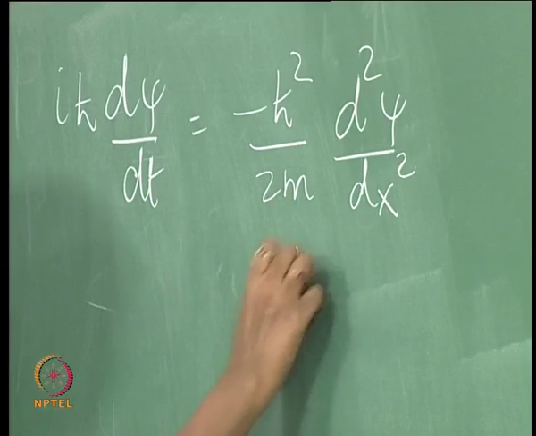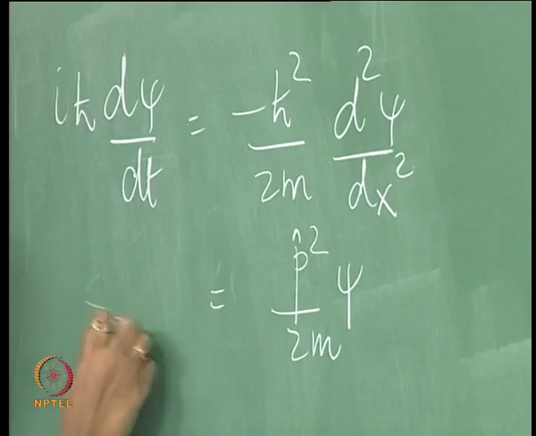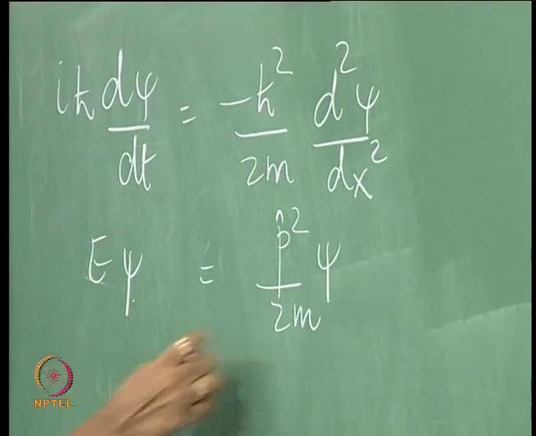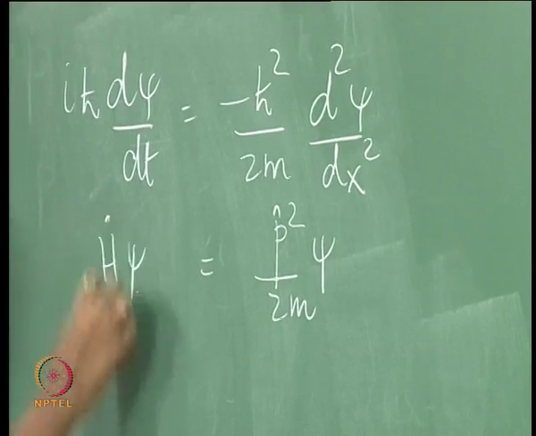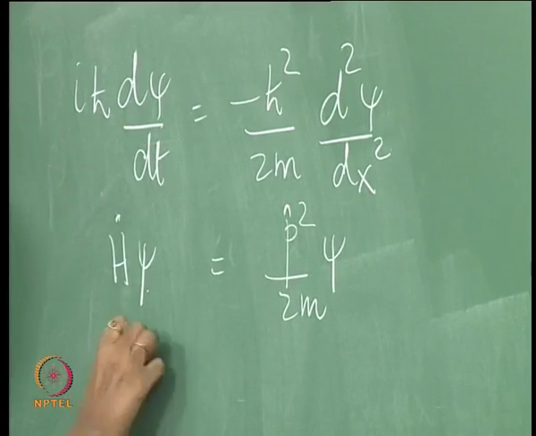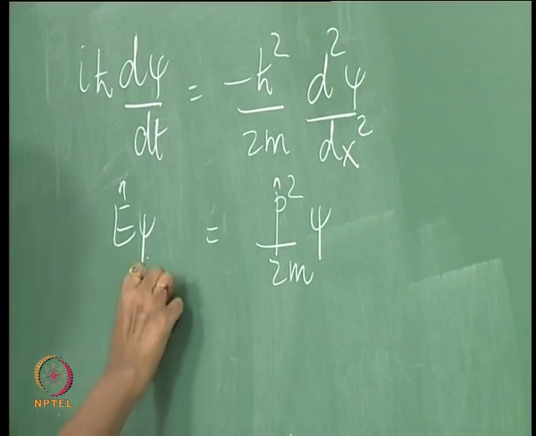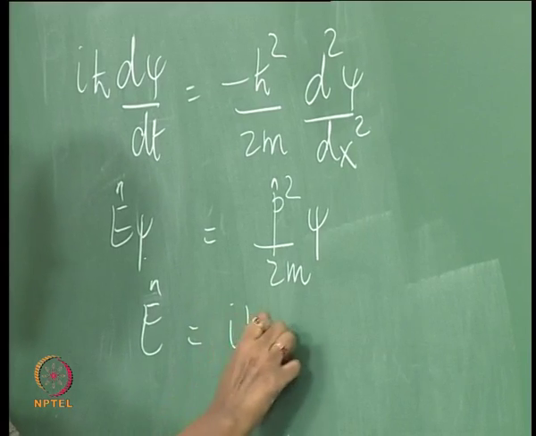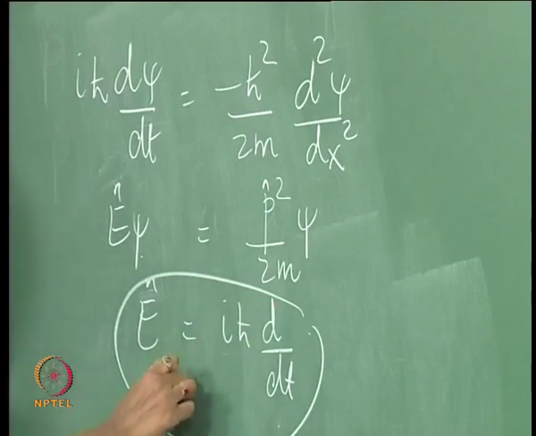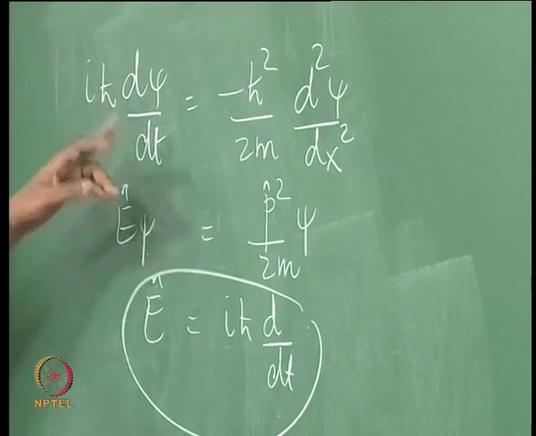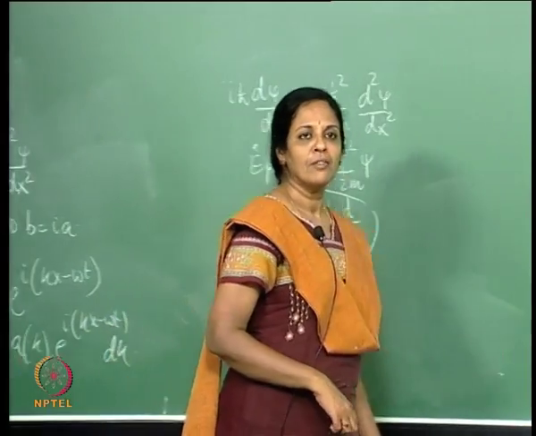That's like saying p squared by 2m psi is E psi, because E is p squared by 2m, or H psi if you wish, and that tells you that the energy operator acting on psi, and therefore the energy operator, is i h cross d by dt. This identification is possible from the Schrodinger equation, because I know that energy is p squared by 2m for the free particle.